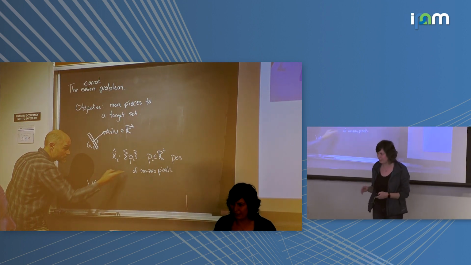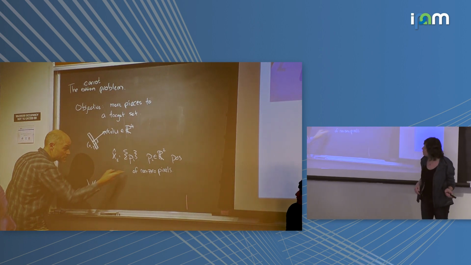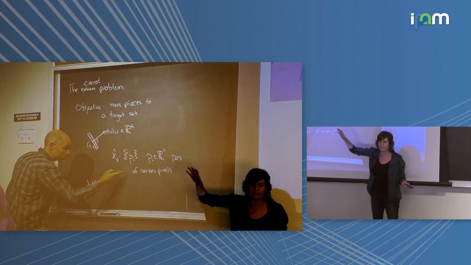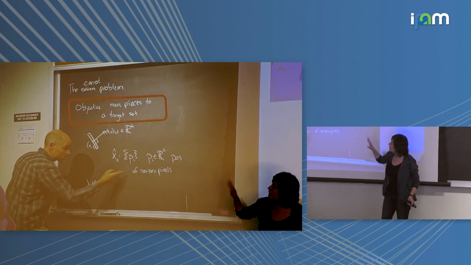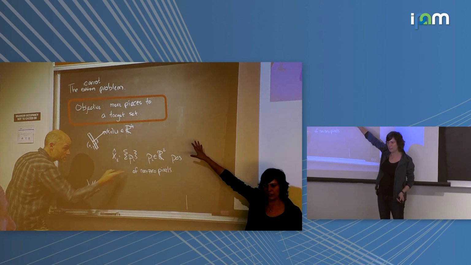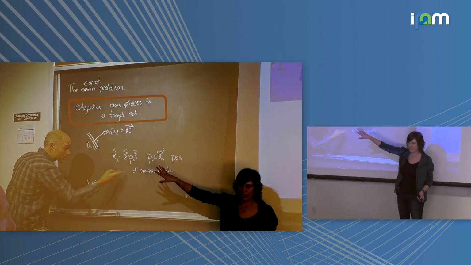I took a picture of it, and I want to point something out. He defined an objective. First of all, it became the carrot problem because onions are hard to deal with. Cool. But then there's this thing that showed up: the objective was to move pieces to a target set.